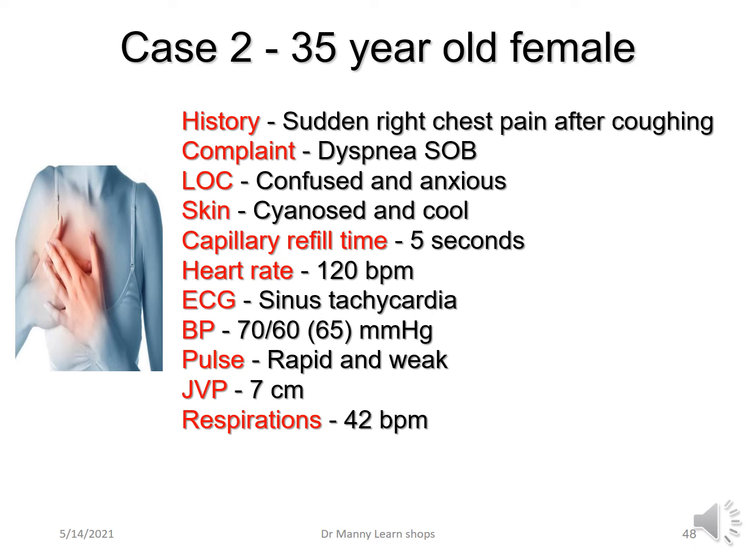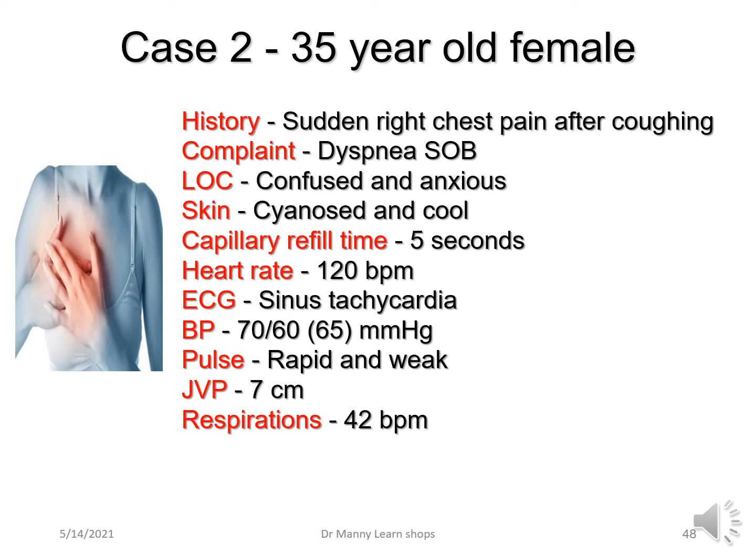Her skin, she's cyanosed and it's cool. Her capillary refill time is 5 seconds. Heart rate, 120 beats per minute, a sinus tachycardia, she's hypotensive, 70 on 60. Her pulse rate is rapid and it feels very weak. Her JVP is 7 centimetres and her respirations are tachypneic at 42 breaths per minute.